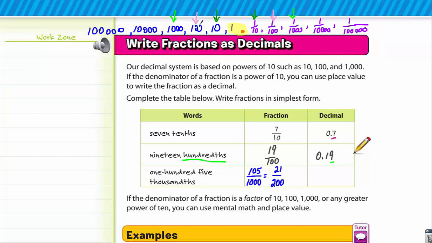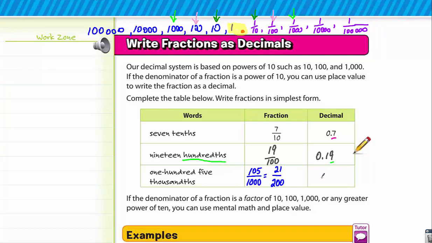1, 2, 3, 4 left is the 10,000s. 1, 2, 3, 4 to the right are the 10,000ths. But notice nowhere in there is there 200ths. So this 21 200ths, that's our lowest term fraction.